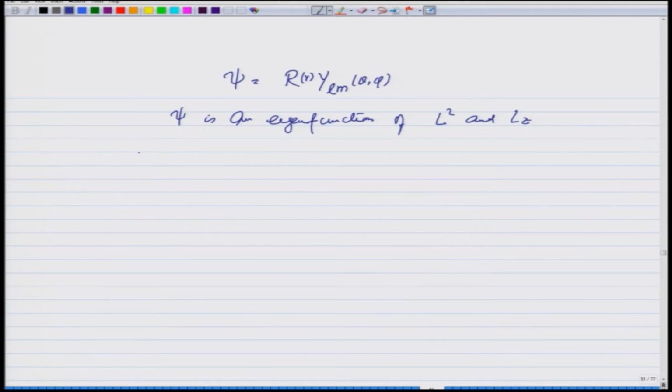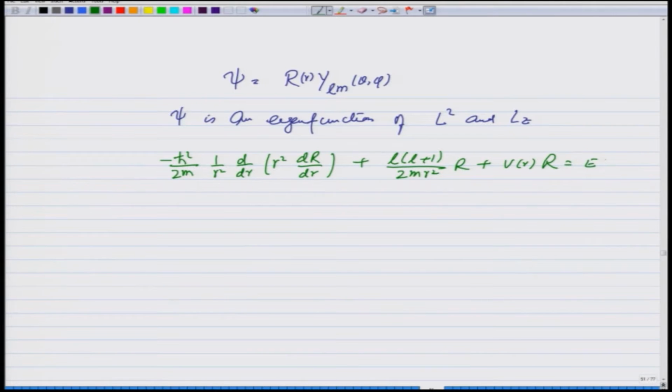and the equation for R(r) is minus ħ² over 2m, 1 over r² d by dr (r² dR by dr), plus l(l+1)ħ² over 2mr² R(r), plus V(r) R(r) equals E R(r).